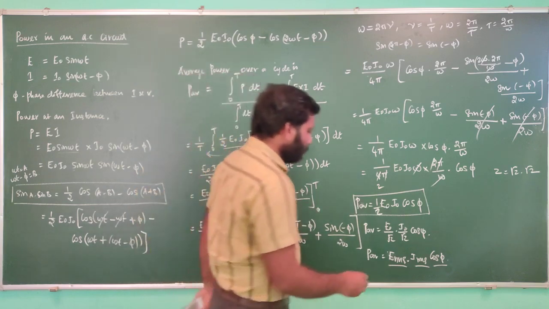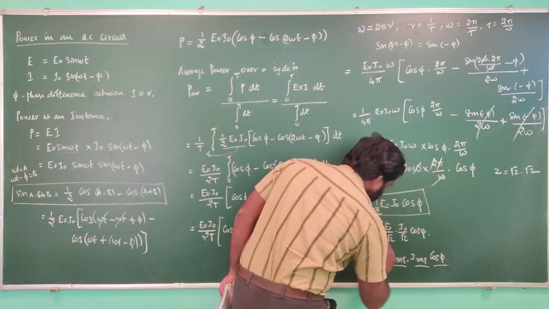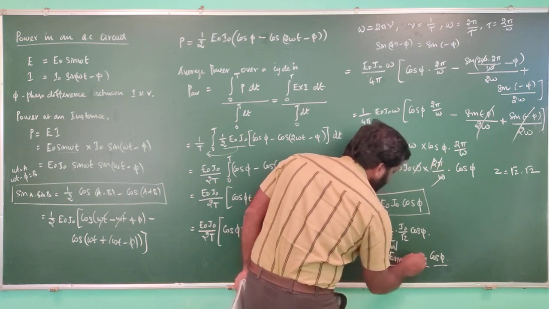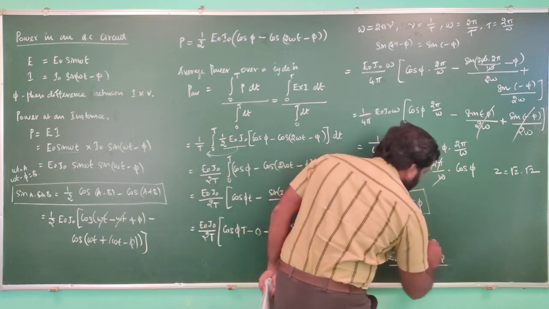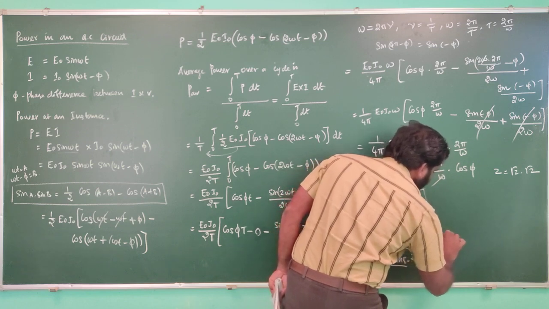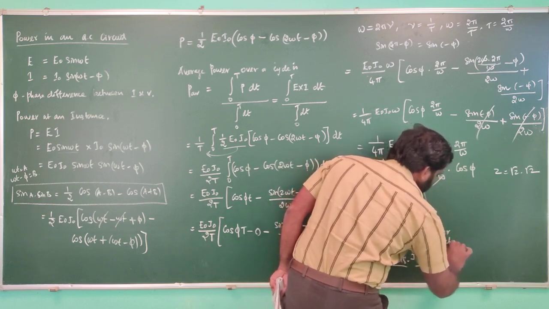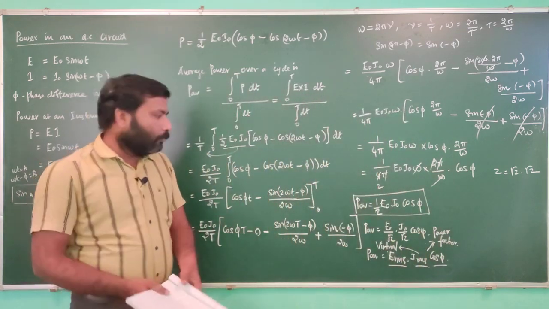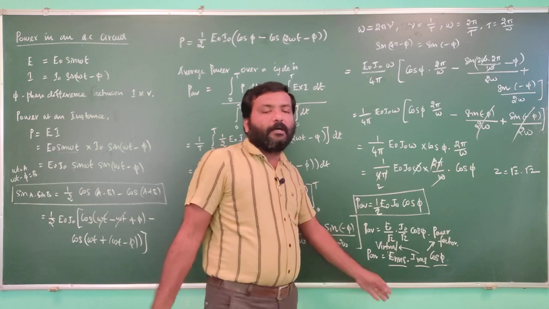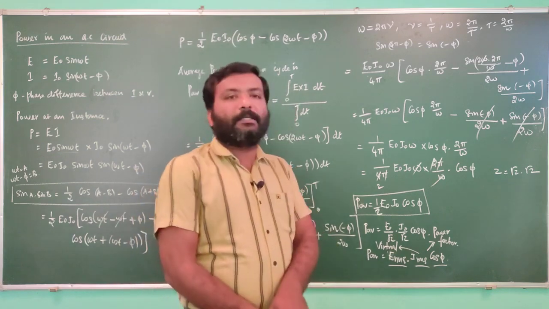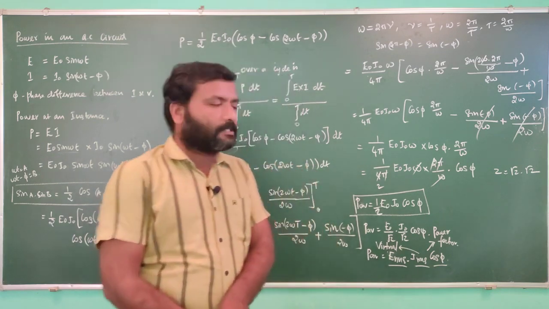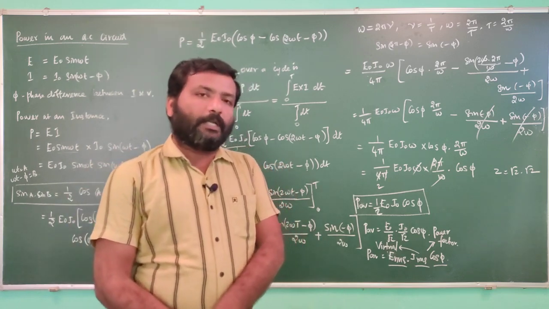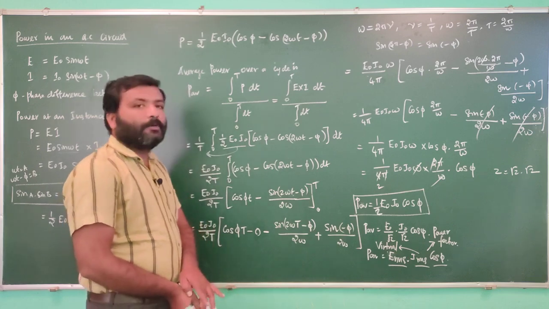Okay, so this term is said to be virtual voltage, and this term is said to be virtual current, and this is called power factor. So the average power of a circuit is the product of virtual current and virtual voltage multiplied with the power factor.